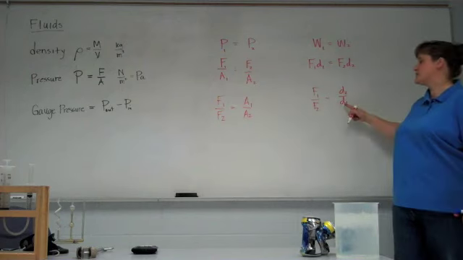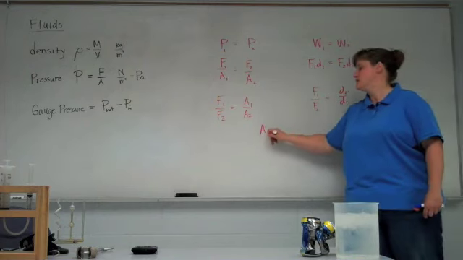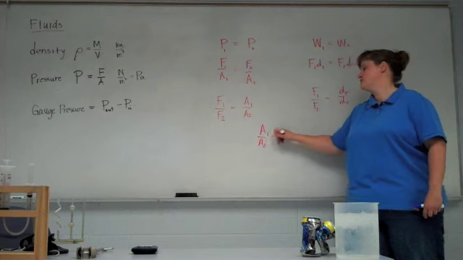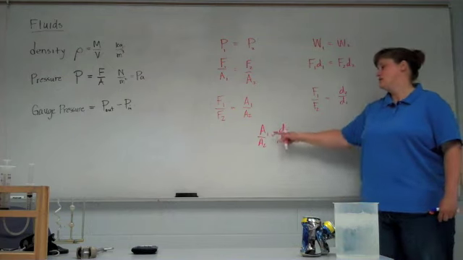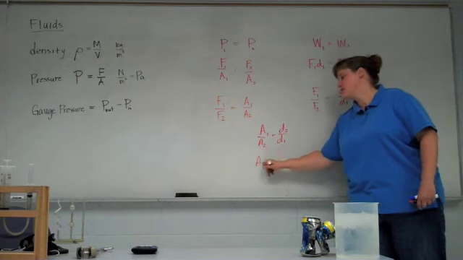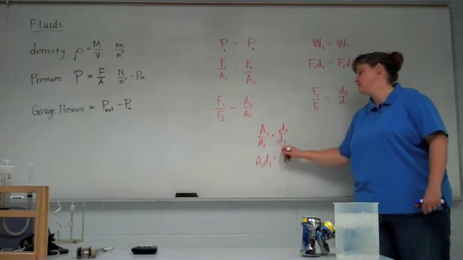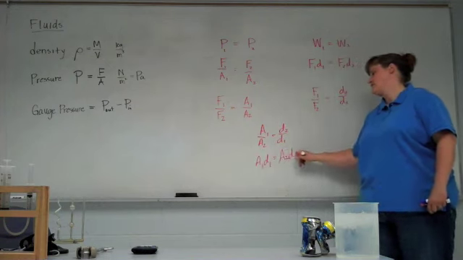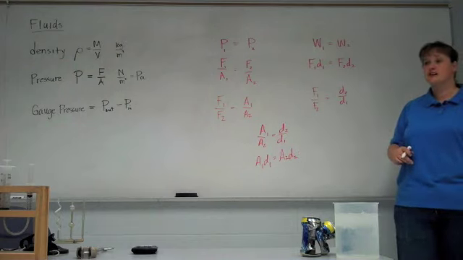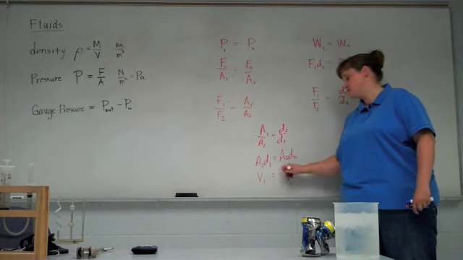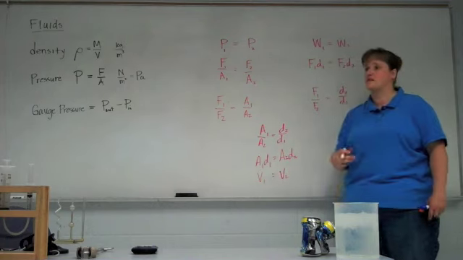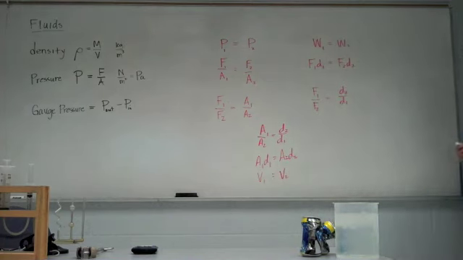If we set these equal to each other, A1 over A2 equals D2 over D1. Get the ones on the same side. Area times distance is volume. So exactly right. The volume 1 that moved has to equal the volume 2 that moves on the other side. So these equations show that the volume works as well.